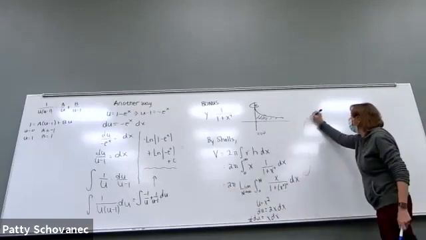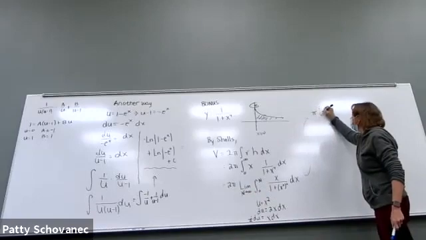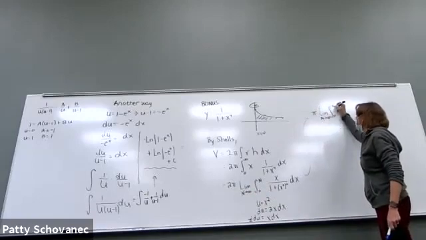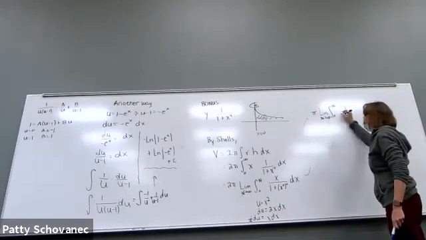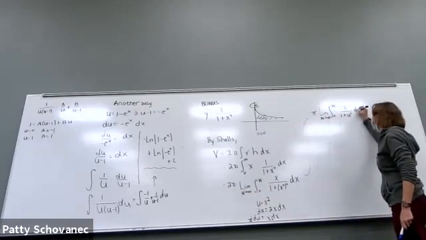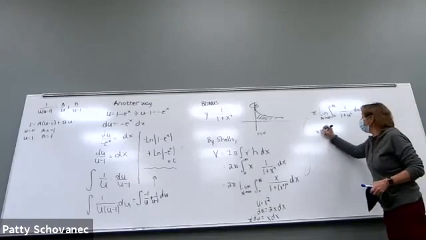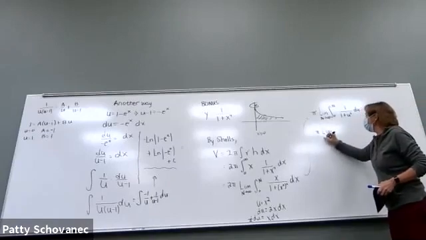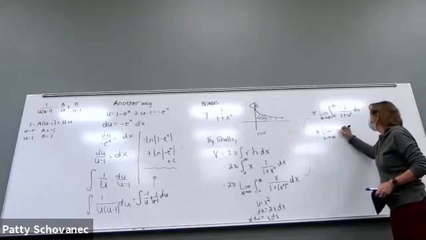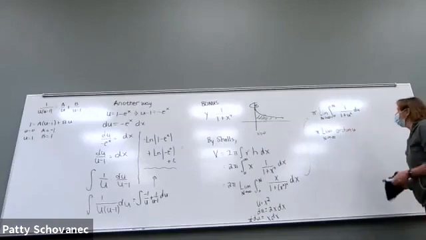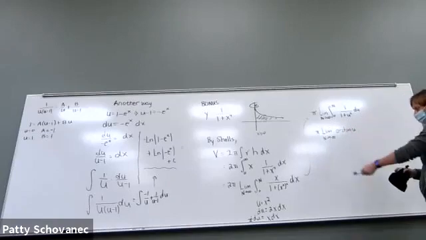And so we're integrating pi times the limit as n goes to infinity, 0 to n, 1 over 1 plus u squared du. That's an arctangent. It's the arctangent of u. So we have pi times the limit as n goes to infinity of the arctangent of u, where u was x squared.